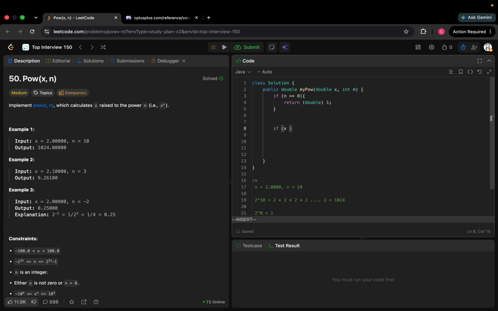If n is smaller than 0, we should let n equal to minus n, and x equal to 1 over x. We have the double result.